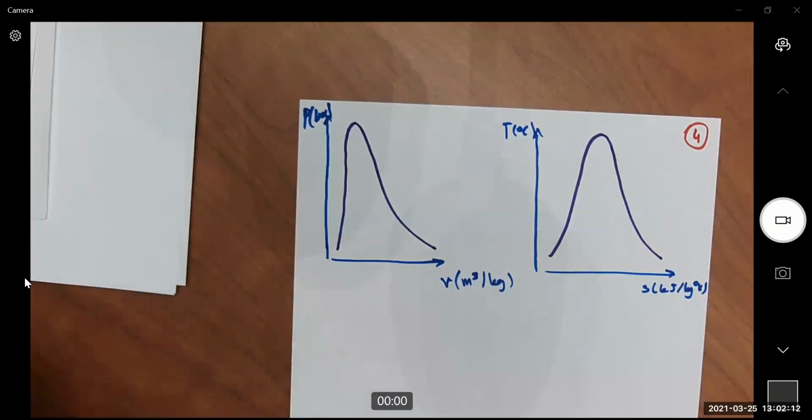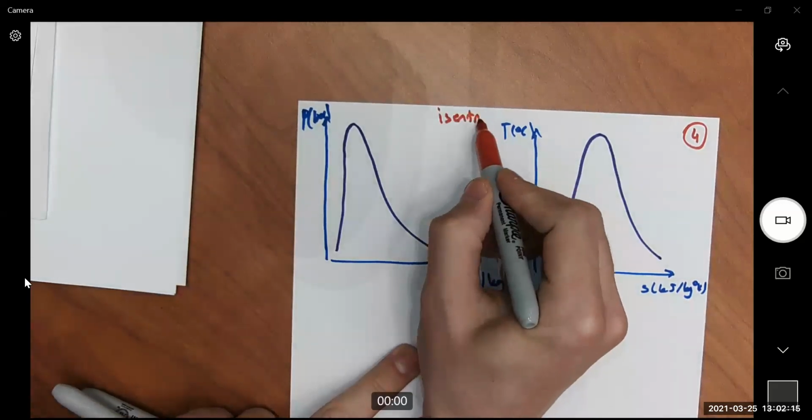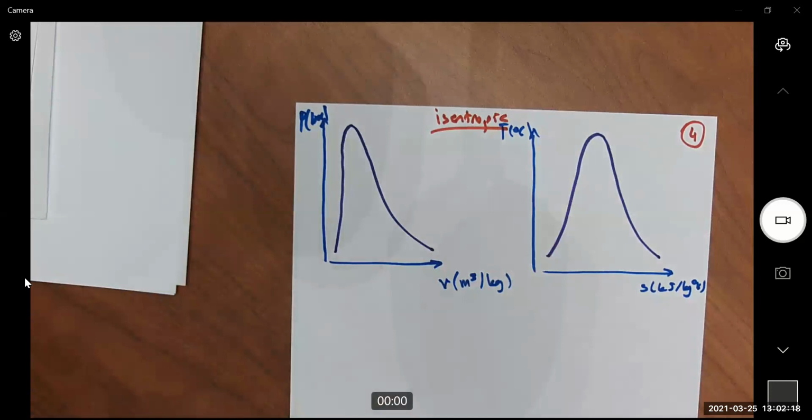Isentropic, constant entropy. We didn't name this isentropic when we first started working on PV and TV diagrams. We said adiabatic. Remember, Q is 0 in the adiabatic case, and remember that delta S equals the integral of dQ over T. For isentropic, delta S is 0, which means Q is 0 because T cannot be 0.